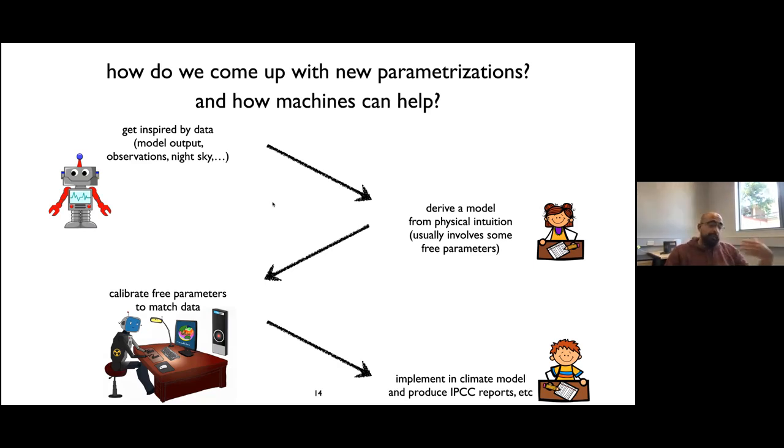And then again, machine learning can help us calibrate the parameters of our physical model in a systematic way and across various different scenarios, so that we find one set of parameters that best captures all possible scenarios, and then we can implement it in a model. So that's the state of affairs we are at now.